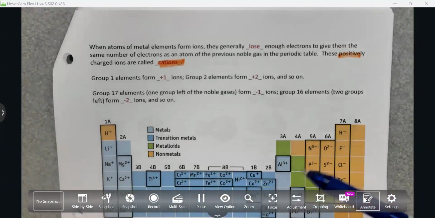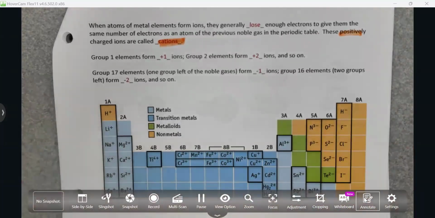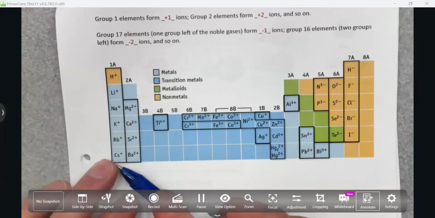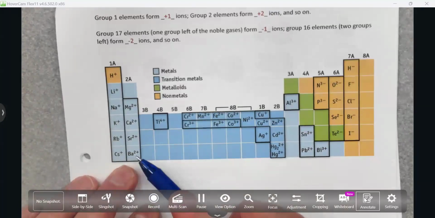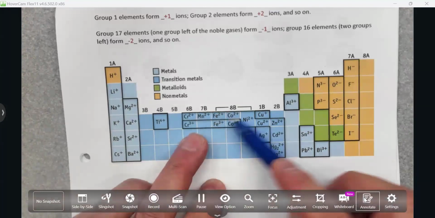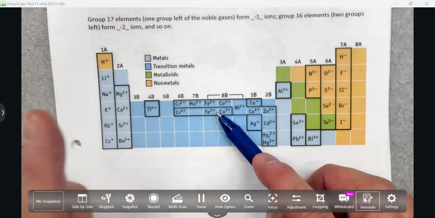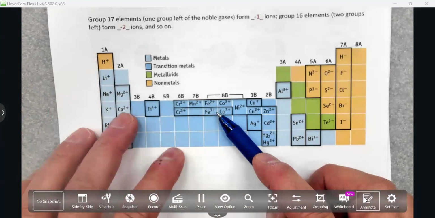When you do the test, you're going to be given a periodic table. You need to know that everything in group 1 of the periodic table is a plus charge. Everything in group 2 of the periodic table, plus 2 charge. These transition metals can have more than one charge. If they have more than one charge, it's going to be represented by Roman numerals, right?